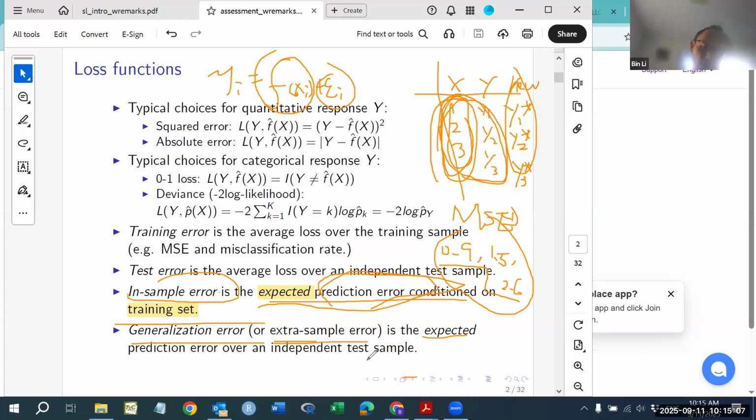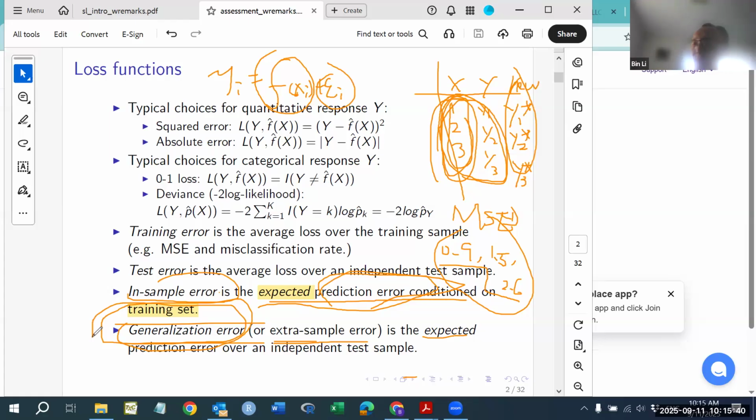That is the expected prediction error over an independent test sample, not necessarily on the same X as the training set. Okay, so which error are we trying to optimize? Ideally, if you want to fit an ideal model, which error is really the main focus? Most of the time, I would say it's generalization error, because we want the model to generalize and have good prediction performance on an independent test set.